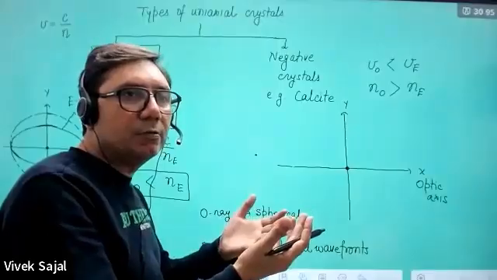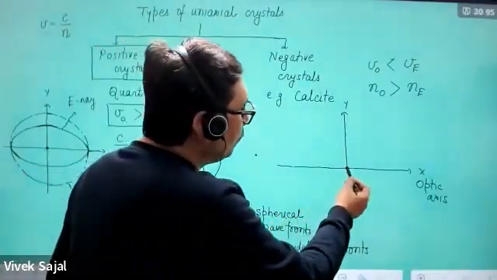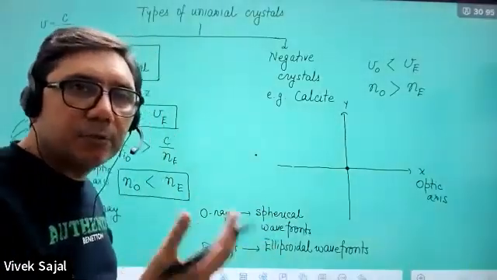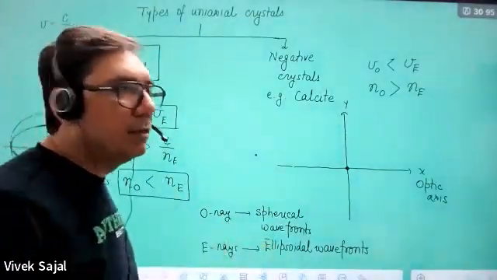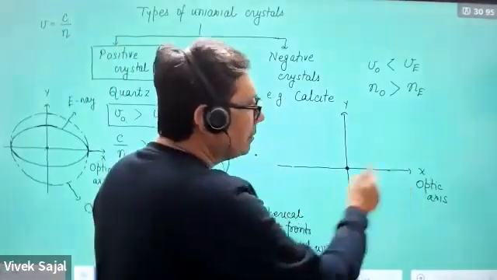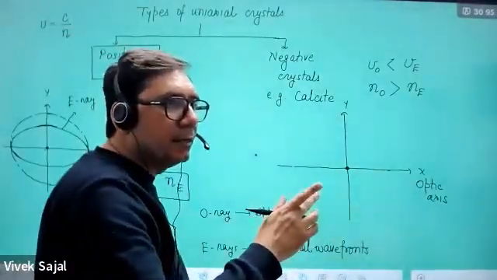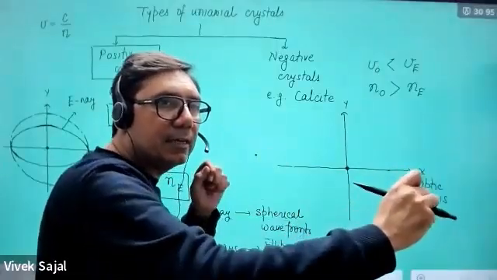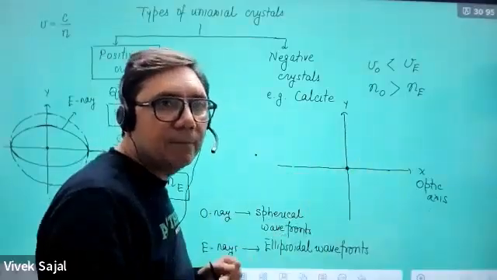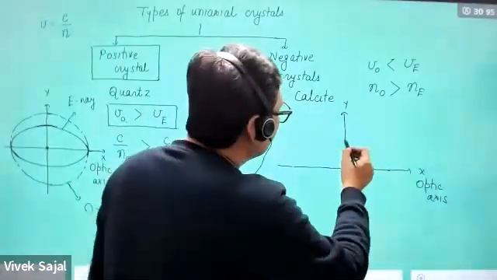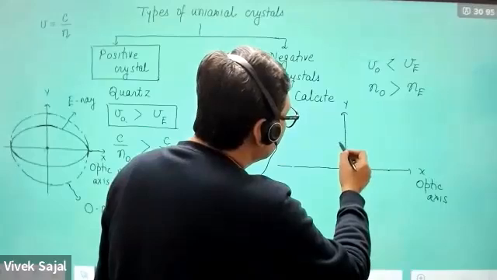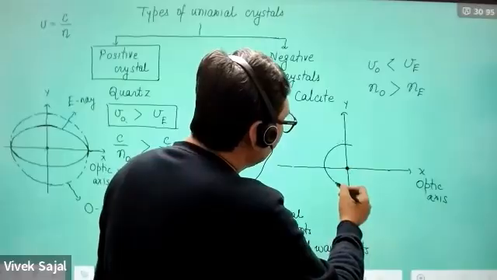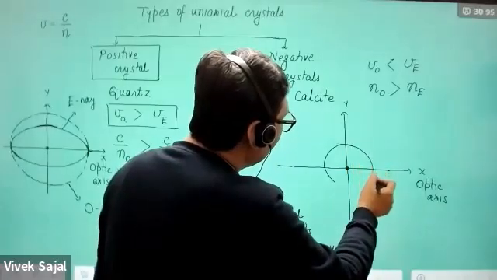One will correspond to O ray, and that will be spherical. Another wavefront will correspond to E ray, and that will be ellipsoidal. These lights travel with different speeds, but along the optic axis they travel equal distances in equal time. Their speeds are the same. So for O ray, you are going to have this type of spherical wavefront.